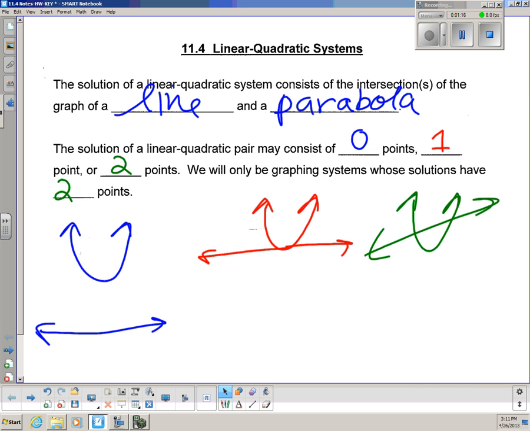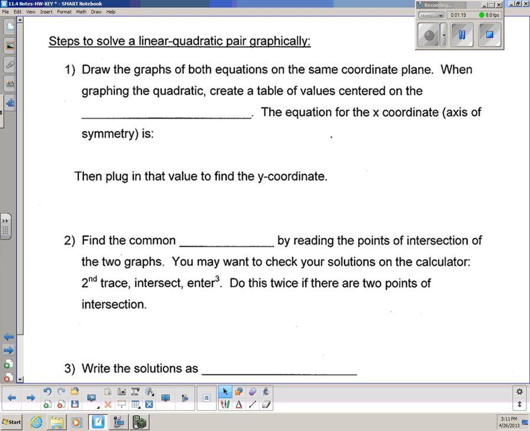When you solve a linear and quadratic pair graphically, you want to make sure that you draw the graphs of both equations on the same coordinate plane. When you're graphing the quadratic, you always want to create a table of values that's centered around the vertex. If you remember anything from last year, in order to find the vertex, you use the axis of symmetry equation to find the x-coordinate. So the x-coordinate would always be negative b over 2a.